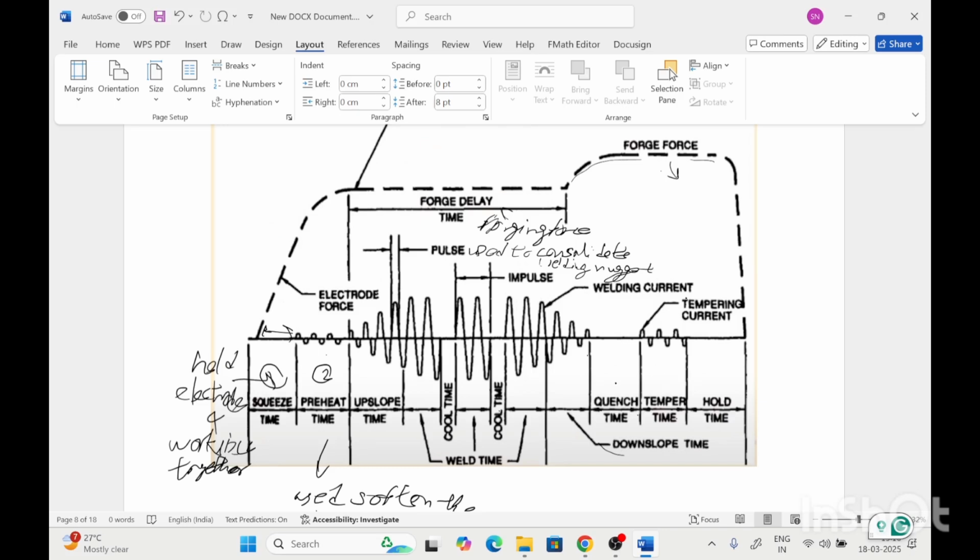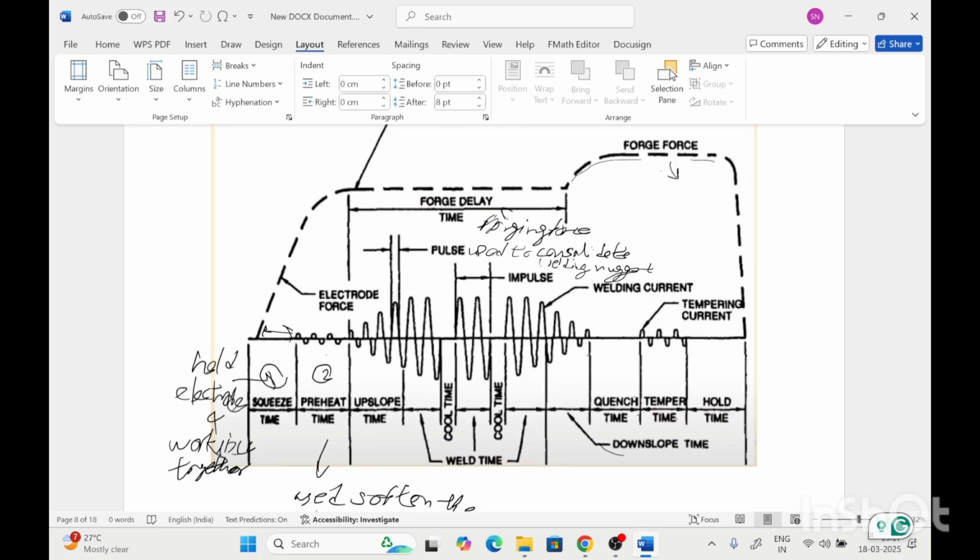Here the quench time is given, so the welding joint material will get cooled. Then, as there are thermal gradients during the welding, there will be variation in the microstructure.